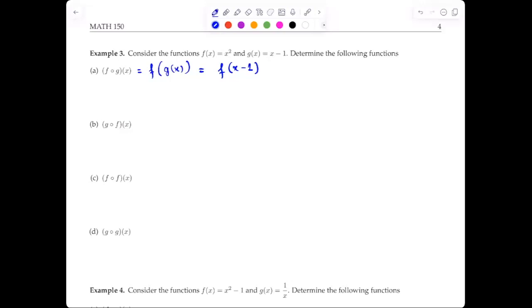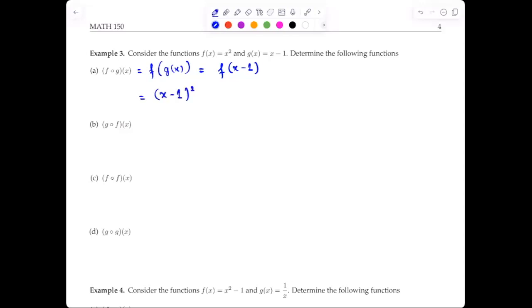We're trying to calculate f of x minus 1, so take this out and replace it with x minus 1. You got it? So f of g of x, the composition of these two functions, gives you x minus 1 squared.